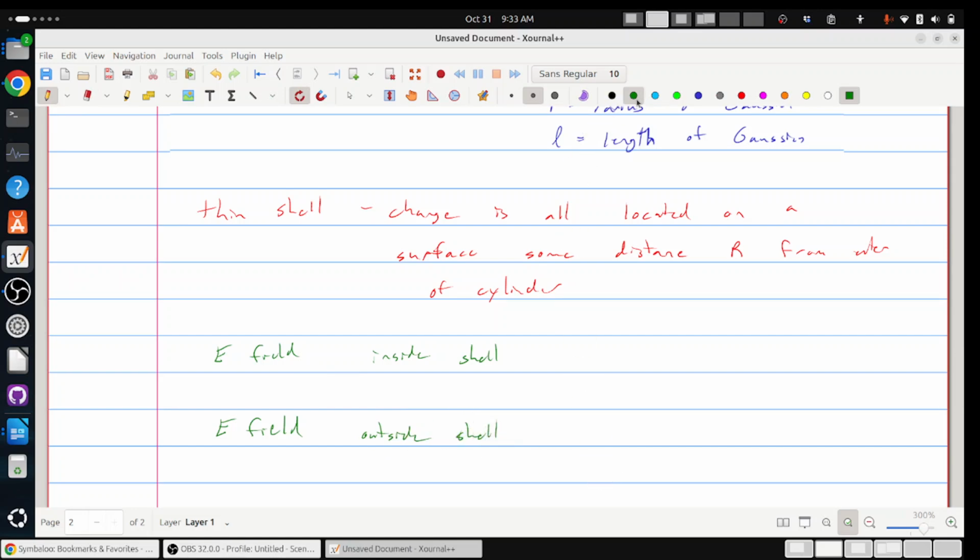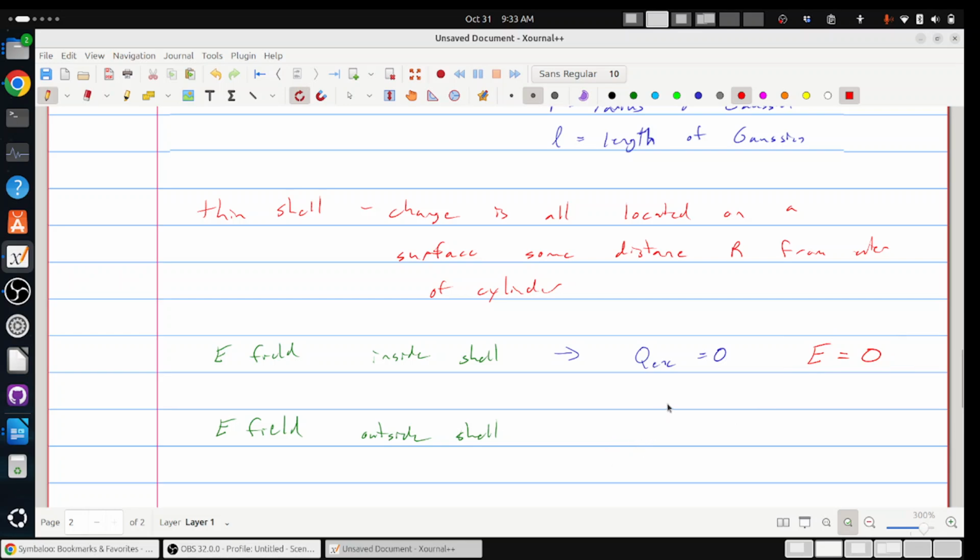Now, if all I have is this thin cylindrical shell, then inside the shell, the enclosed charge is just equal to 0, which then immediately gives us that the electric field inside that shell is 0.